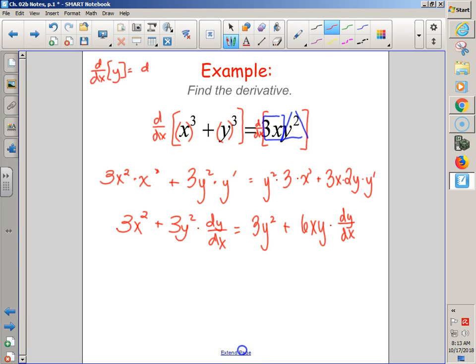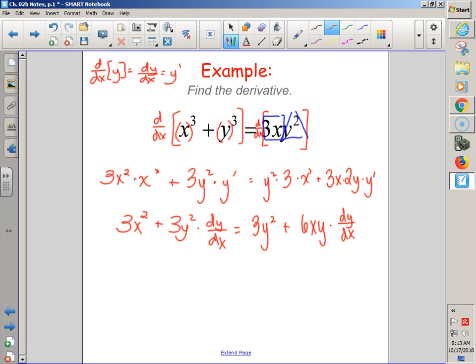Technically, it's 1 times dy/dx. We could also say y prime. Does that make sense? So I just substituted the y prime for the dy/dx, and it's just being multiplied, and so it gets absorbed in that one term.